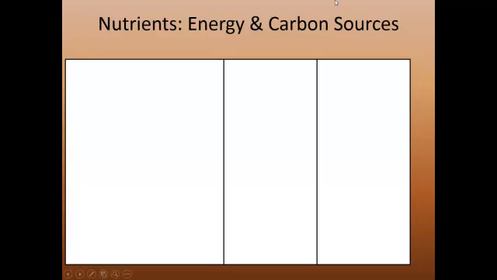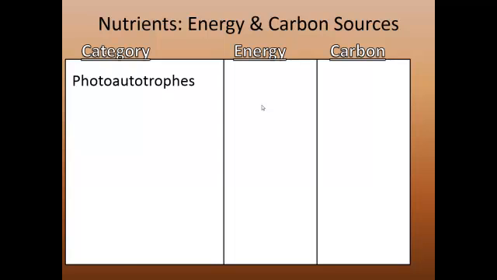So first we're going to talk about energy and carbon sources, because we often group these into four groups of organisms. Let's start with the photoautotrophs. So photo, the first part of this term, refers to where this type of organism gets its energy from, and that's from the sun. Auto, which means self, means where they get their carbon source from.